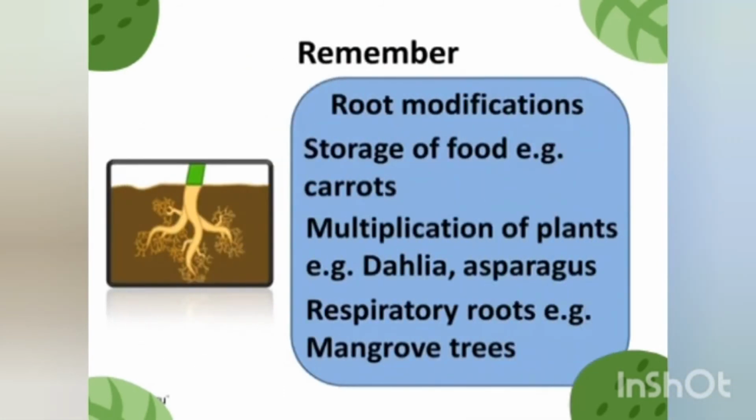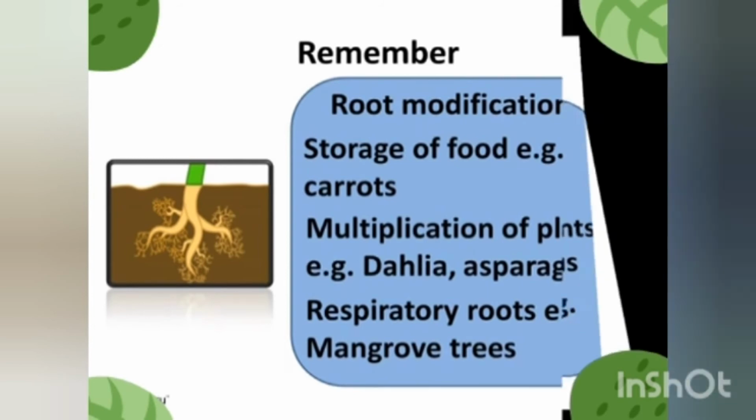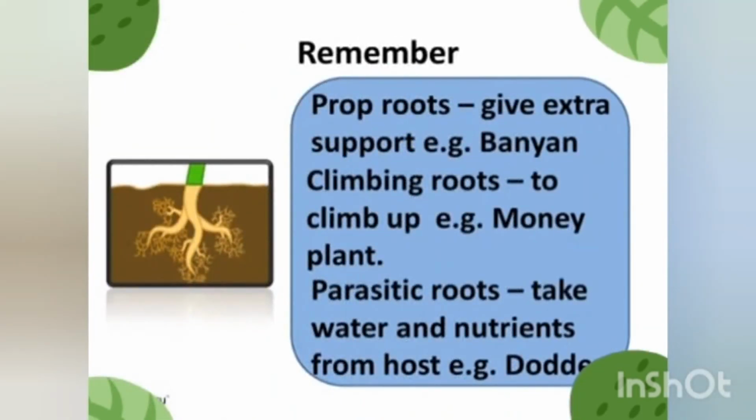So remember, children, in certain plants, the roots get modified to perform special functions, like storage of food, for example in carrots, for the multiplication of plants, example dahlia, asparagus, respiratory roots, example mangrove trees, prop roots to give extra support, for example the banyan tree, climbing roots to climb up the support, for example in money plant.